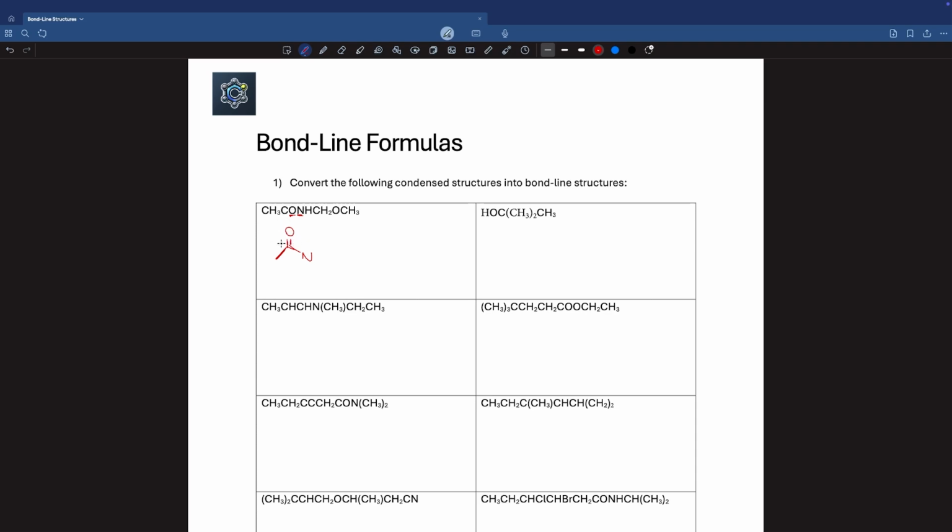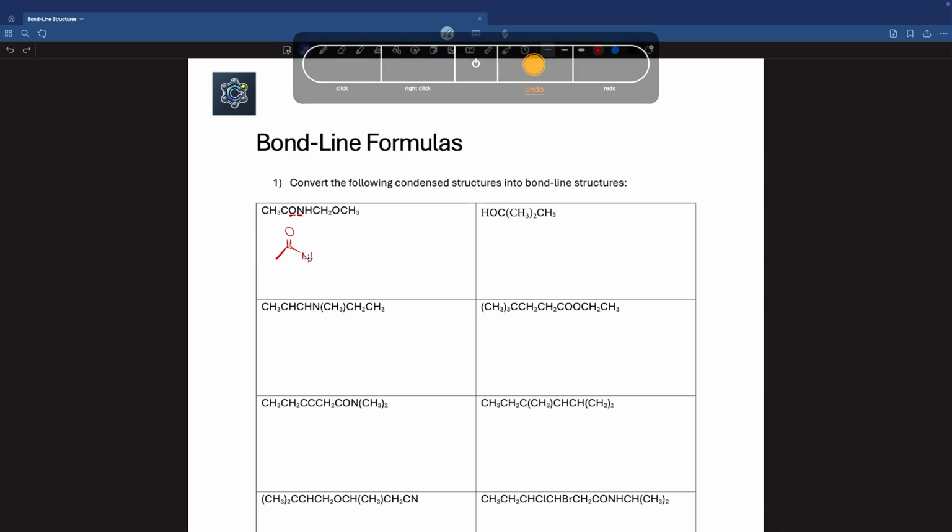A pattern that you'll see is that if you have just CO and there's nothing after the oxygen, maybe that's a sign that it's a double bonded oxygen, right? Oxygen wants 2 bonds, and if there's nothing after it, then maybe the oxygen is double bonded. It makes sense that the nitrogen should be next to the carbon and not on the oxygen, because if the nitrogen was connected here, for example, then this carbon would again not have enough bonds.